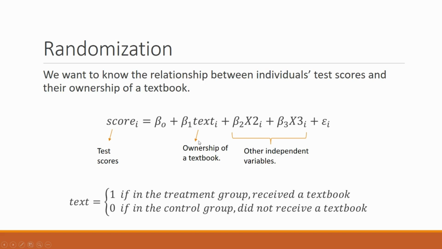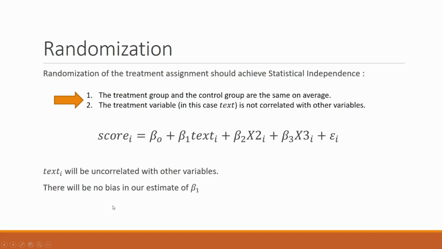Okay, and in this case, this textbook variable has been randomly assigned. That means that the students for which text equals 1, the students that have received a textbook, is randomly determined. It's randomly determined which students have a textbook and which students do not. And in that case, if that treatment assignment is random, then this should achieve statistical independence.